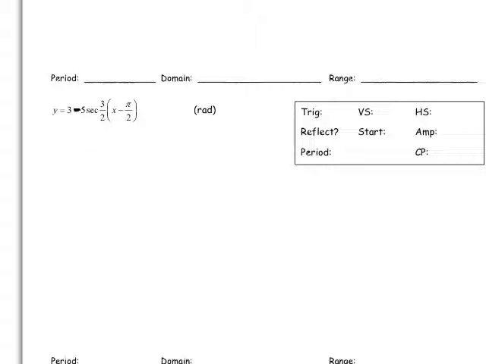Okay, so this is a secant example, and secant is cosine's reciprocal. So I'm going to graph cosine. My vertical shift is going to be up 3. My horizontal shift is right, π/2. This does reflect.